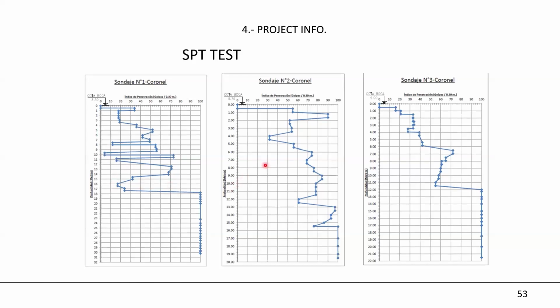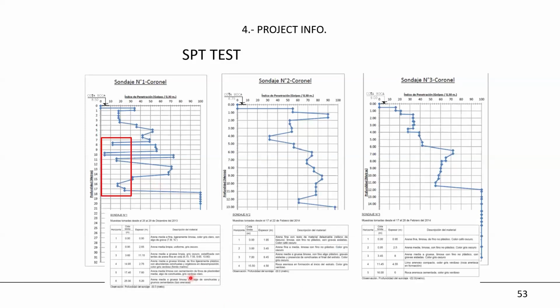And that is very confusing for us. We have some questions about that problem, but probably if we don't have control of the mud here, the SPT blow count result is reduced, and probably that is a problem in this case.